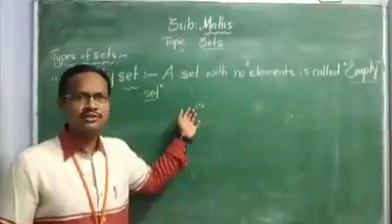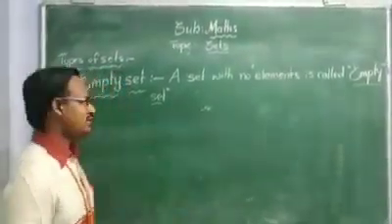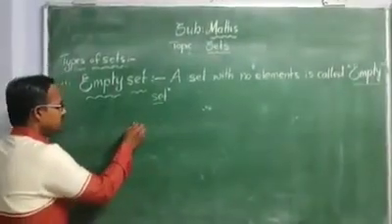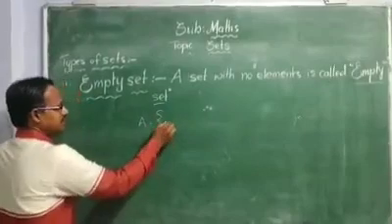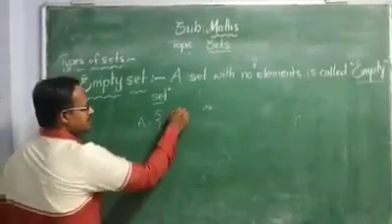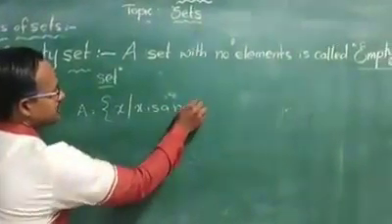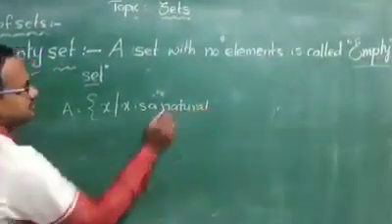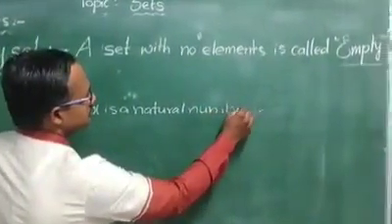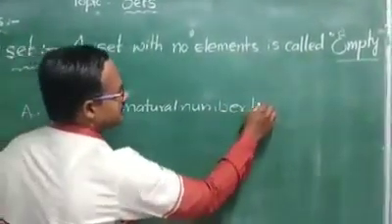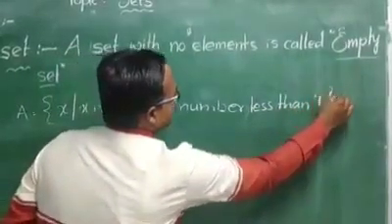Now we have a doubt whether such sets exist. Yes. Suppose I am taking a set A of x such that x is a natural number less than 1.